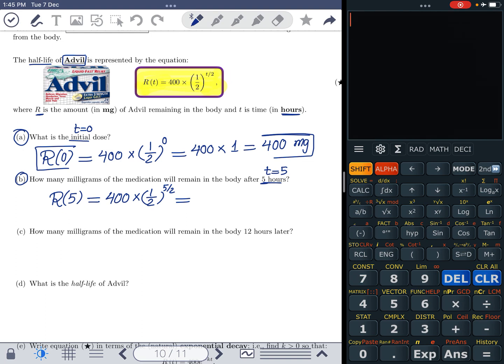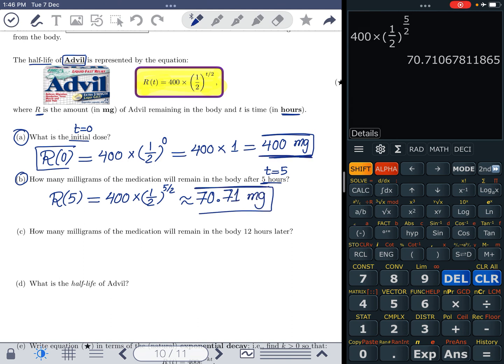400 times something to the power, let's raise it to the power 5 over 2, and then I'll put the half here. So 1/2 equals, yeah, so approximately, because this is approximate, I'm going to approximate it, 70.71 milligrams.